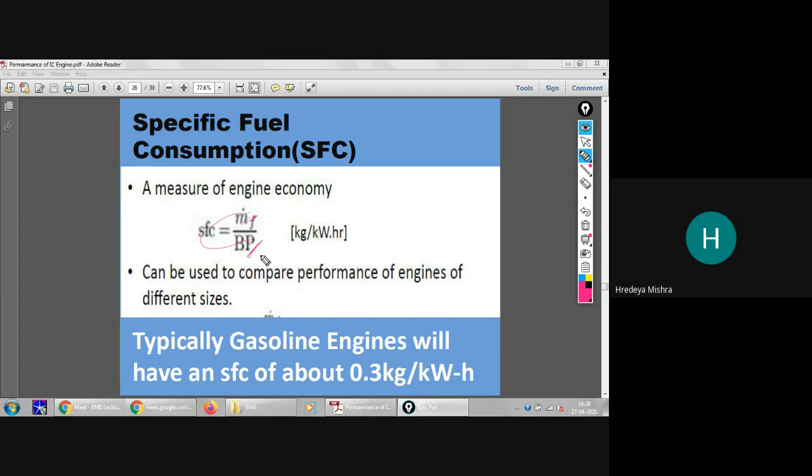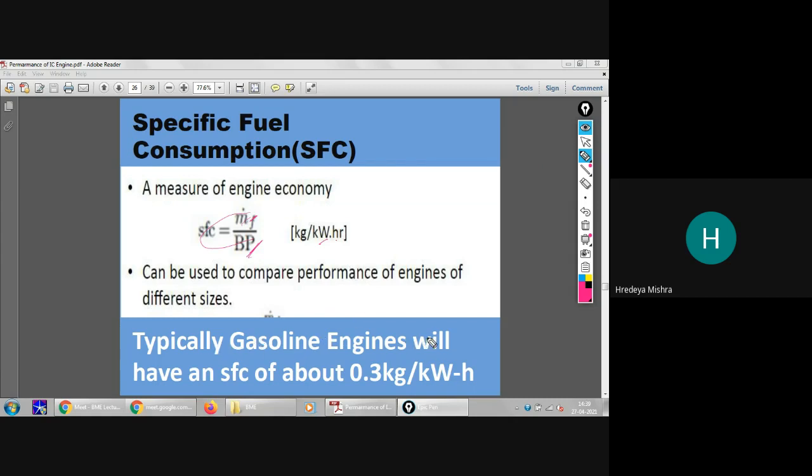Mass flow rate divided by brake power. So kg divided by kilowatt hour can be used to compare the performance of engines of different size.